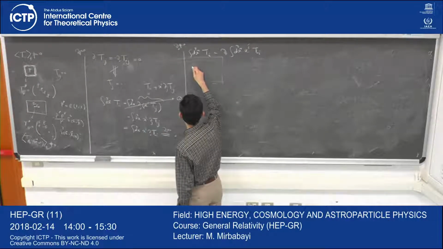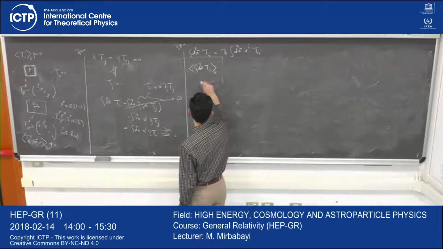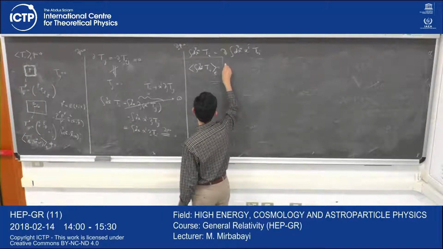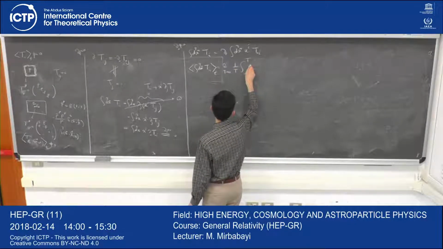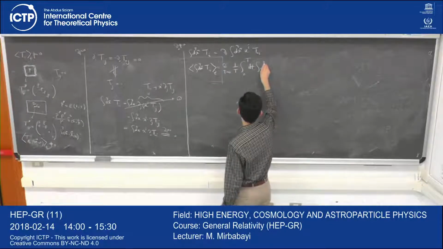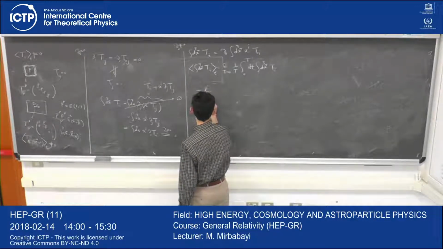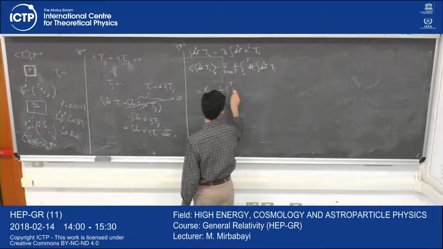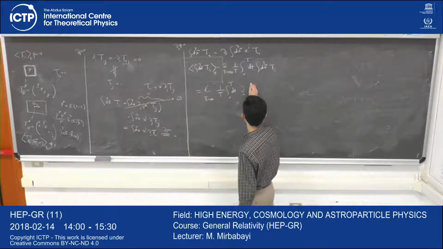Because then I can put time averaging here, which means that I take the limit t to infinity of 1 over t, the integral from 0 to t dt, of d³x T^{ii}, and this is the limit t to infinity of 1 over t, integral from 0 to t dt, and then I have ∂_0 of something.